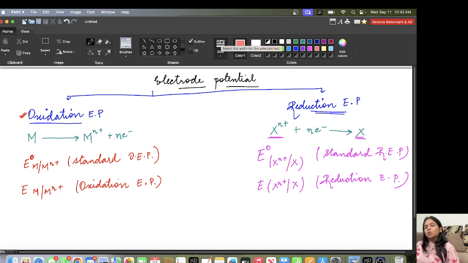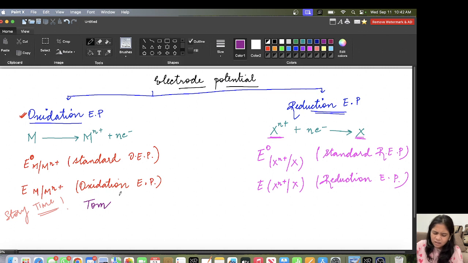Now, story time. Supposedly, I told someone, a guy named Tom, to please tell me the electrode potential of zinc.